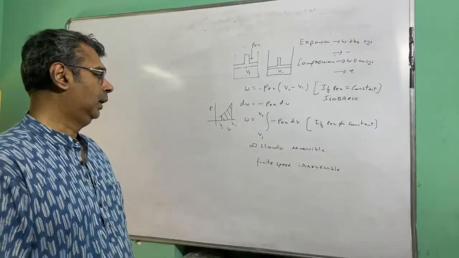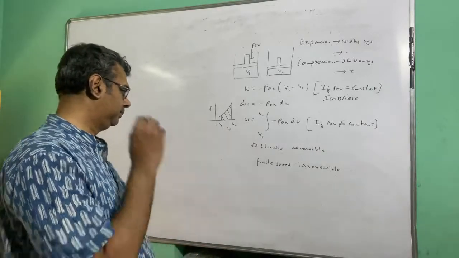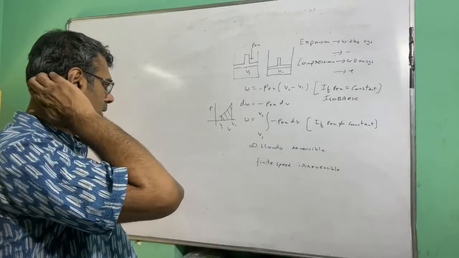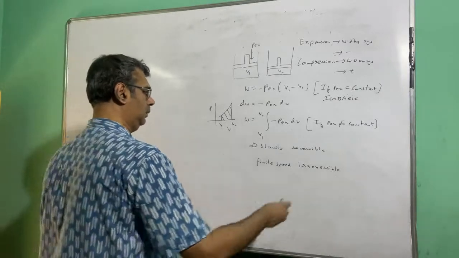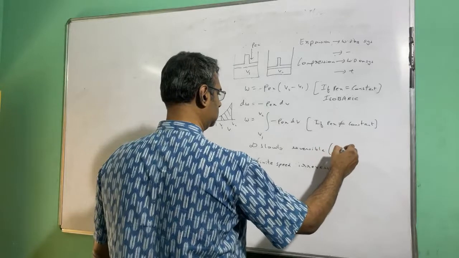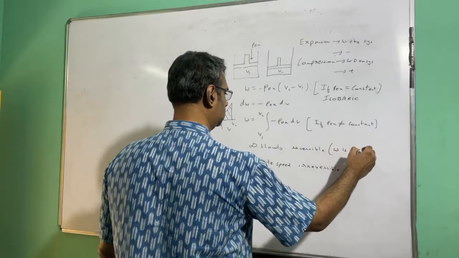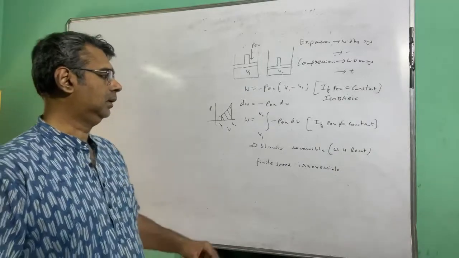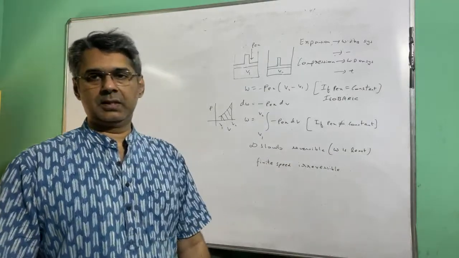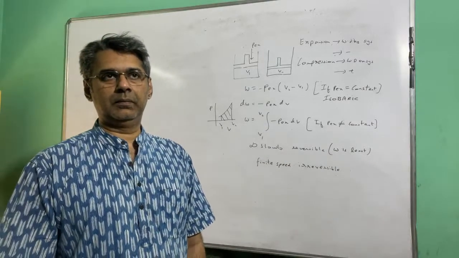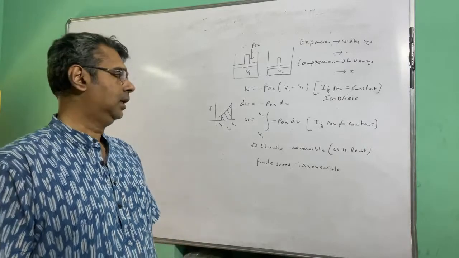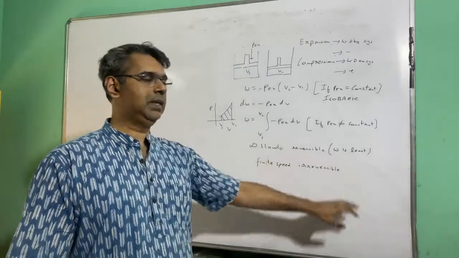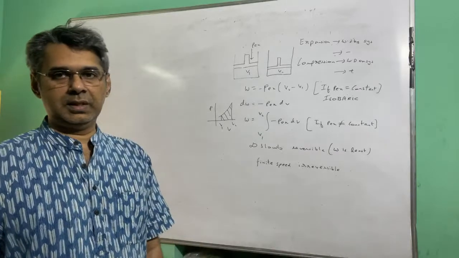Just remember one thing: if the process is happening infinitely slowly, then the work done on the system is the least.